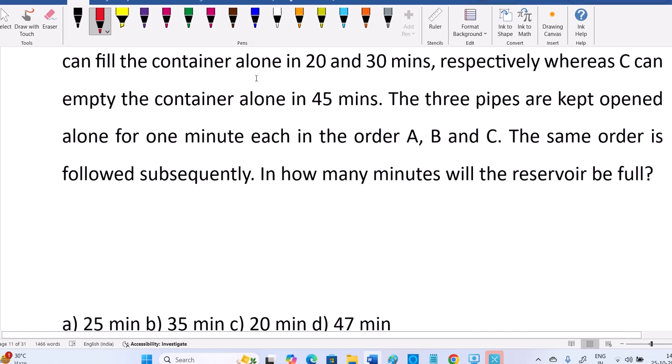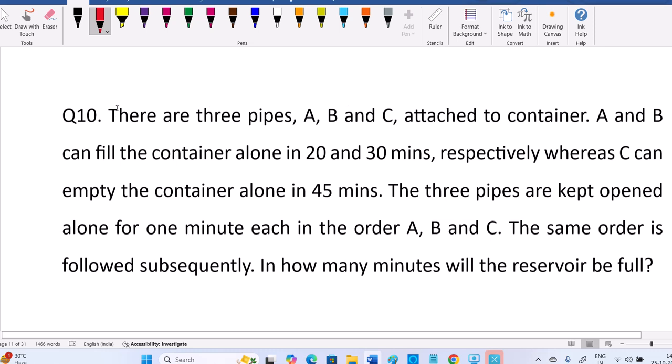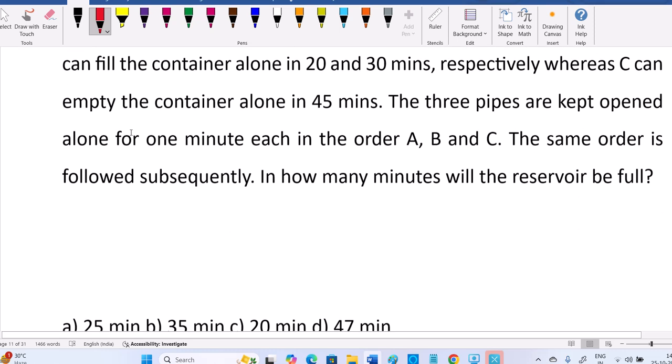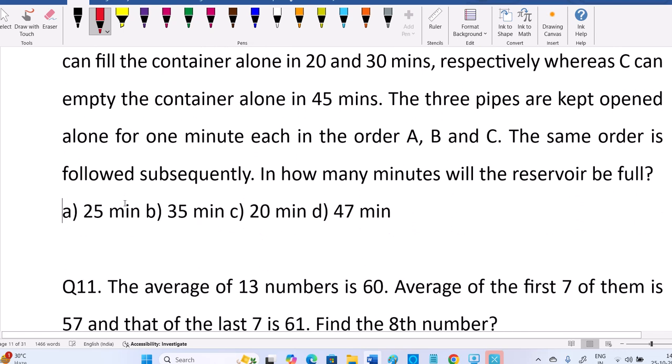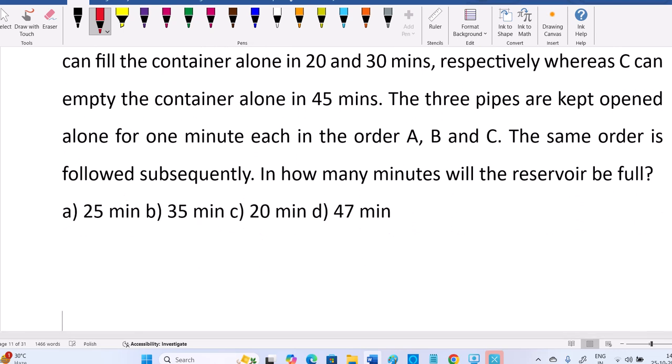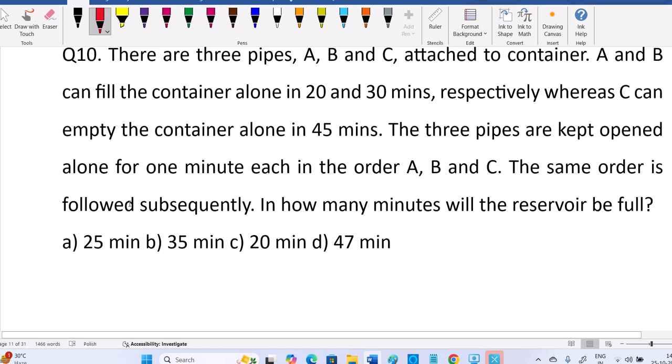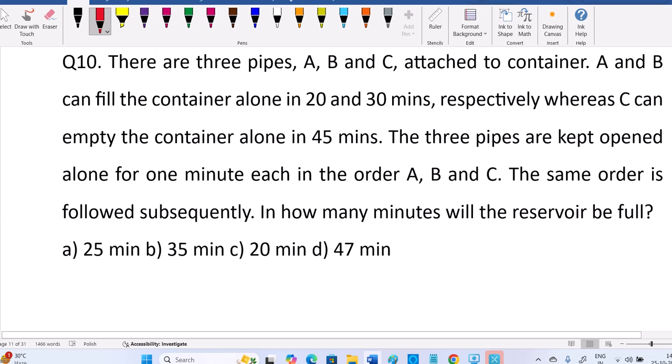A can fill the tank in 20, B in 30, C empties it in 45. Options are also shown now. Revising maximum concepts related to quantum reasoning.